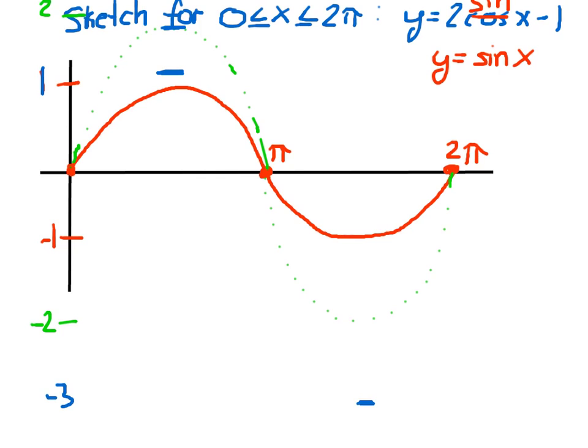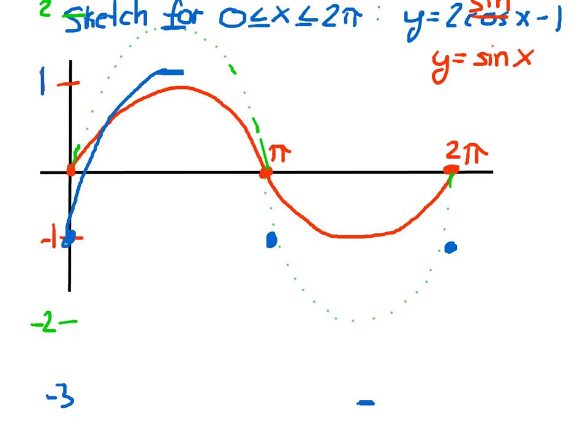Actually every other point on that green curve gets shifted down 1. So this point right here gets shifted down 1. This point right here gets shifted down 1. All right, this point right here gets shifted down 1. And now I can connect the dots.